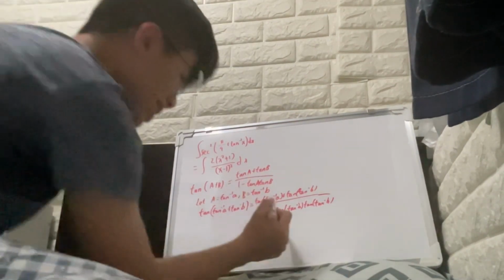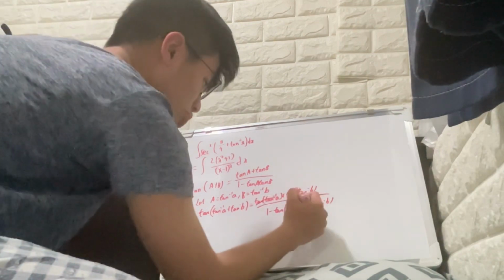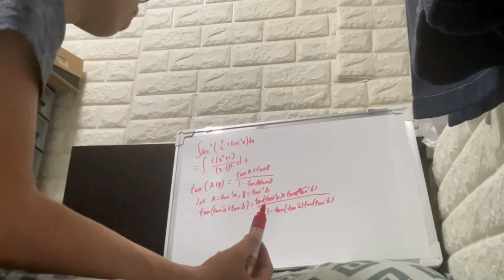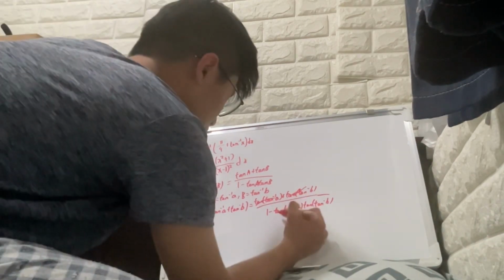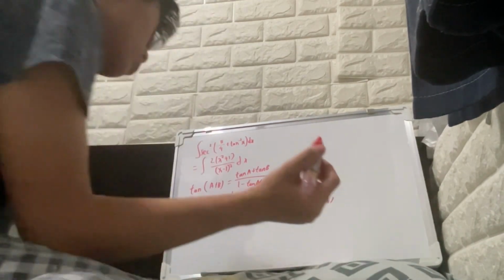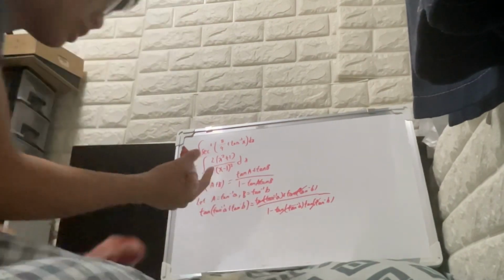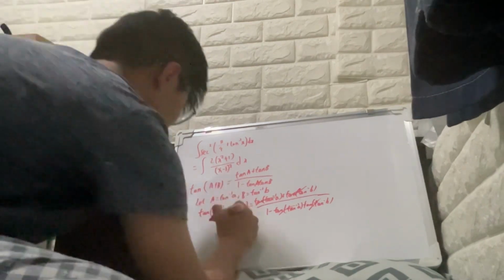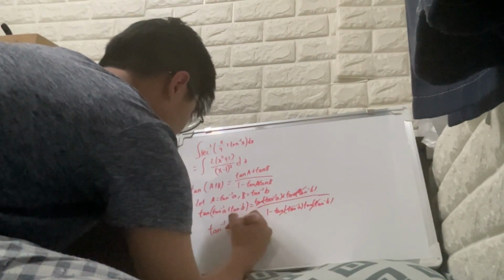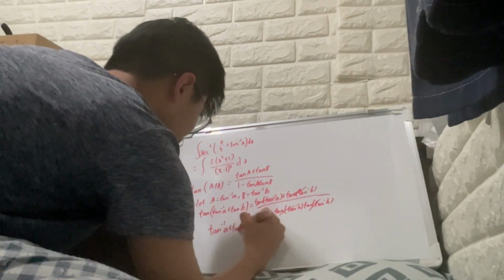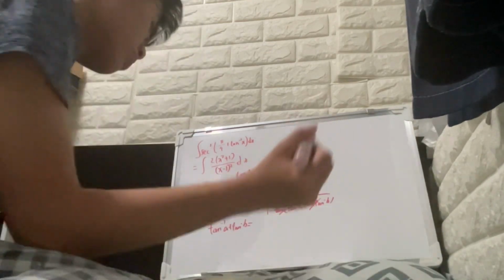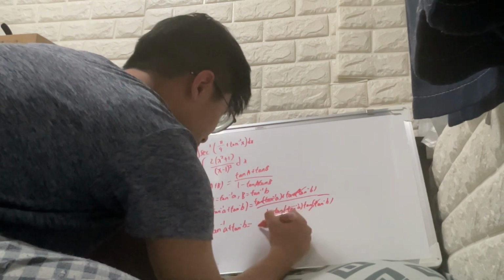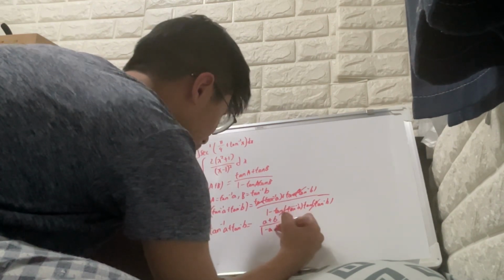You see, tangent and inverse tangent are inverses, so they just cancel each other out. Then you take the inverse tangent on both sides, so you will get inverse tangent a plus inverse tangent b will be equal to inverse tangent of a plus b over 1 minus ab.